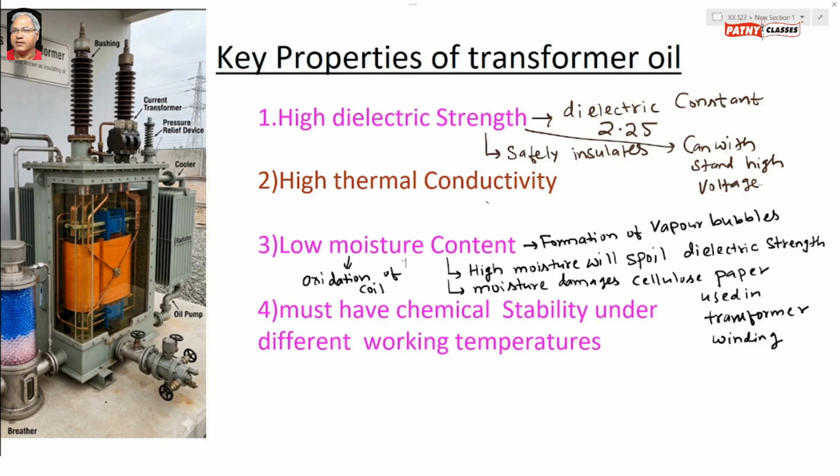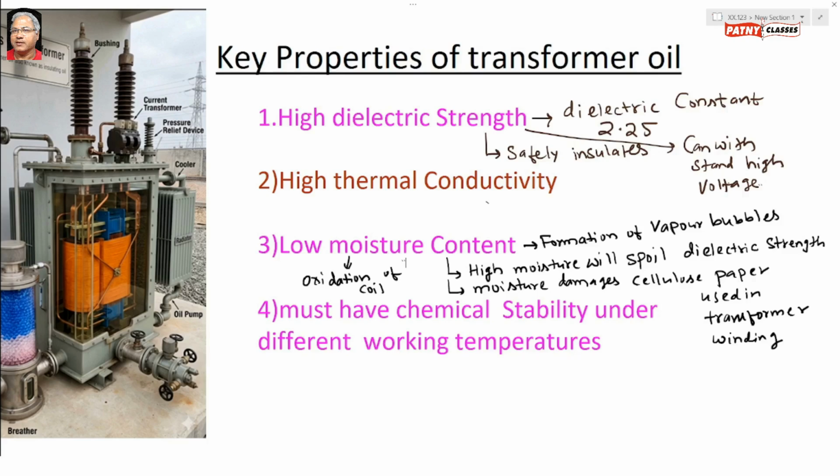There are the possibilities of corrosion, and there is a possibility of oxidation of coils. There may be spoiling of the dielectric strength of this oil, and if moisture is present, it will spoil the cellulose paper.